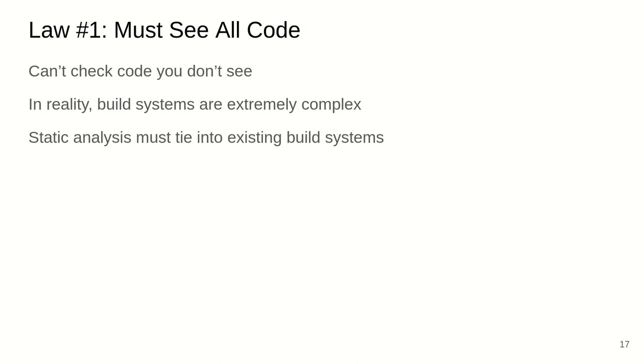It takes a lot of time to configure a build system, and just simply changing the compiler or the build environment is often not possible for a reasonably complex program. So the static analysis must tie into the existing build system, as in, for example, a drop-in replacement for the compiler command or whatnot, that then simply collects all the information.